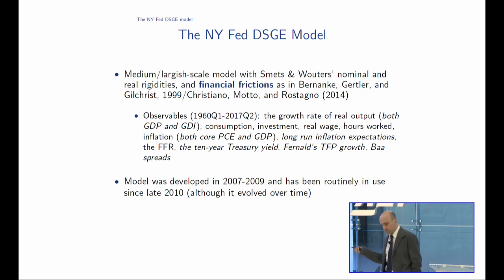Now, this Smets and Wouters model was a New Keynesian DSGE model like this one, but it did not have any financial frictions. And that meant a couple of things. That an important aspect of the economy, which is that there is a financial system, and that financial system is perhaps not perfect, was missing from that model.